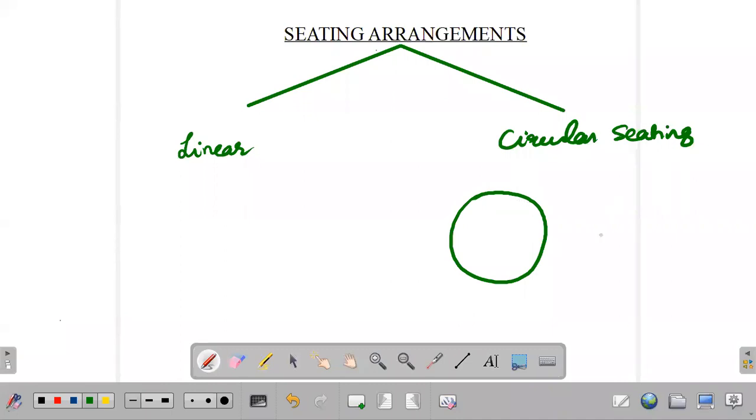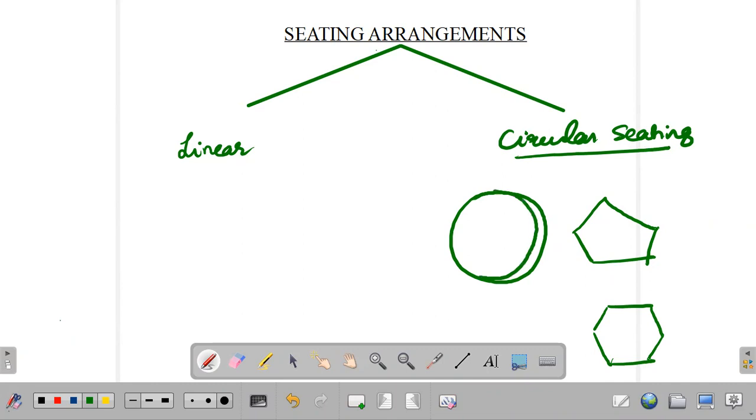It can also be a pentagonal table, 1, 2, 3, 4, 5, or even a hexagonal table, 1, 2, 3, 4, 5, 6. All these are classical examples of people seated in such a way that it's a closed loop kind of thing. Are you getting me?